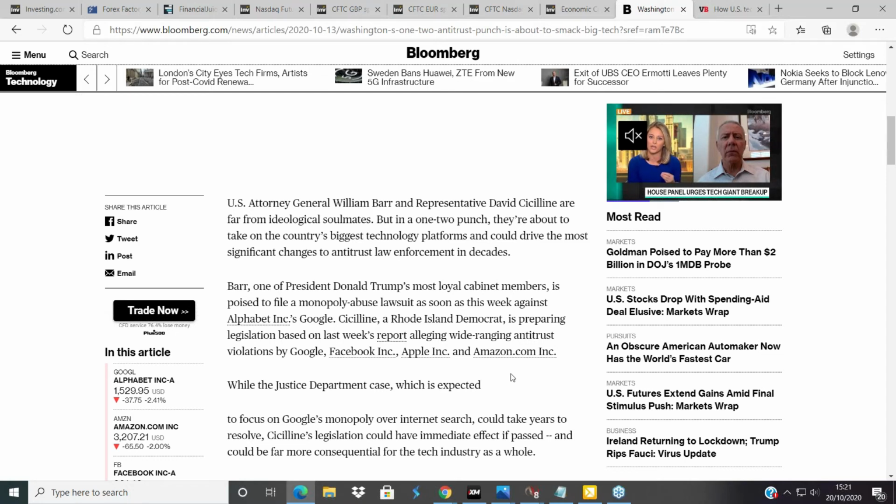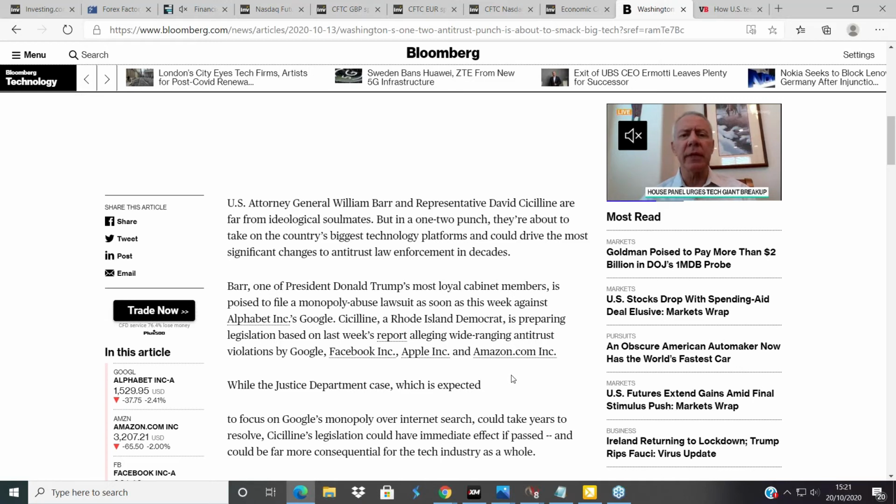And obviously these big companies are worth a huge amount of money. People invest in them. If they're going to be forced to downsize, to sell off chunks of their company, maybe they're not going to be so profitable. So that is a big, what was I going to say? It's something to watch for and listen out for, certainly as a consequence of the US election.